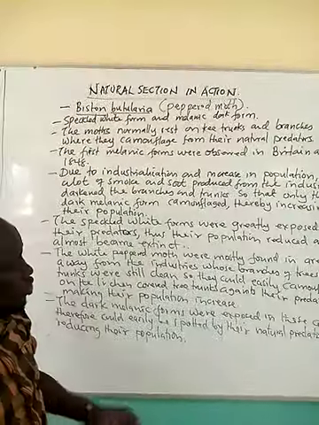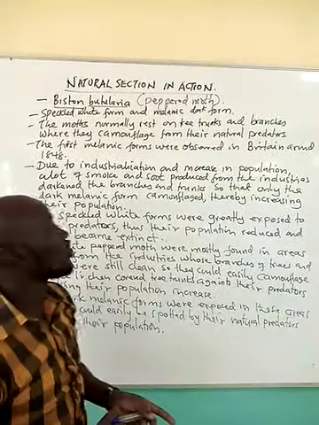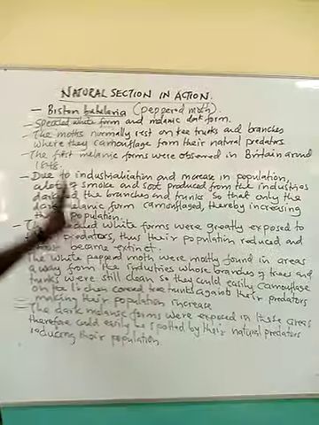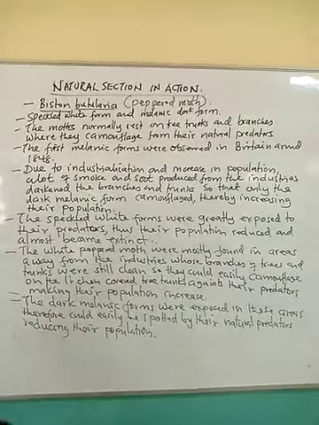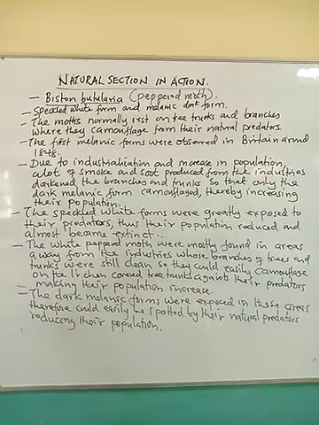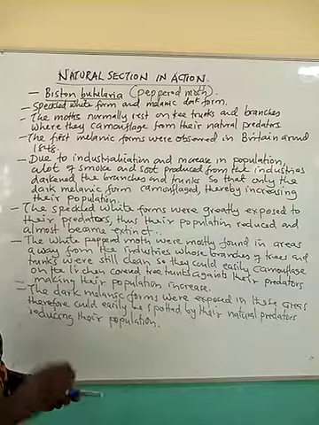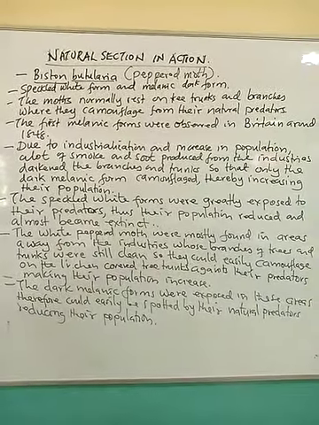So we are going to talk about two conditions here that was used by Charles Darwin. We have what we are calling the white peppered moth and the dark melanic forms. These two individual moths occurred in different environments.